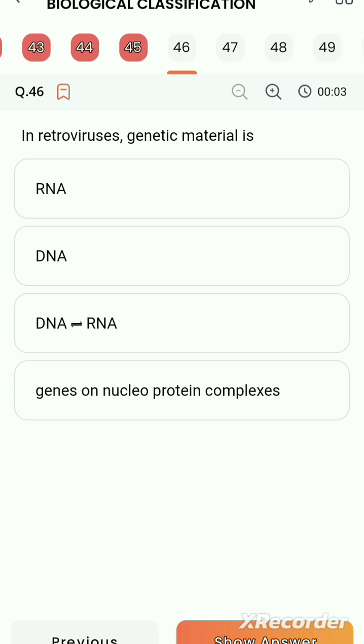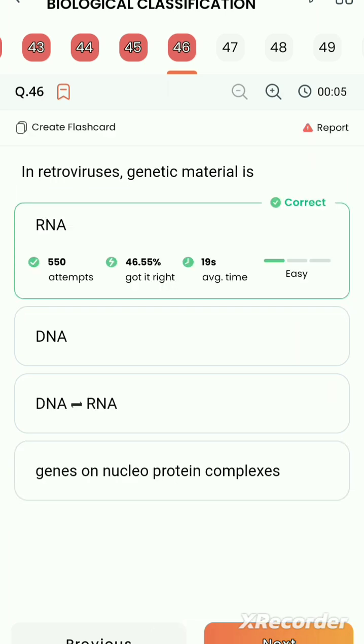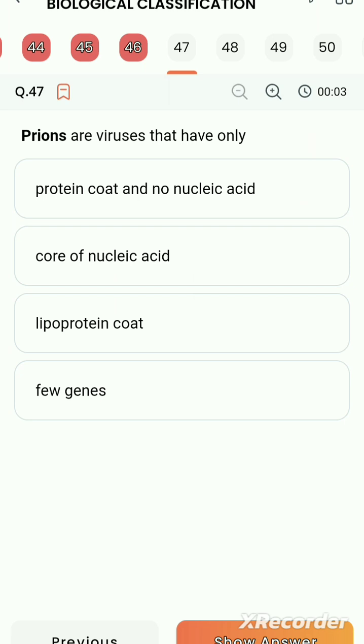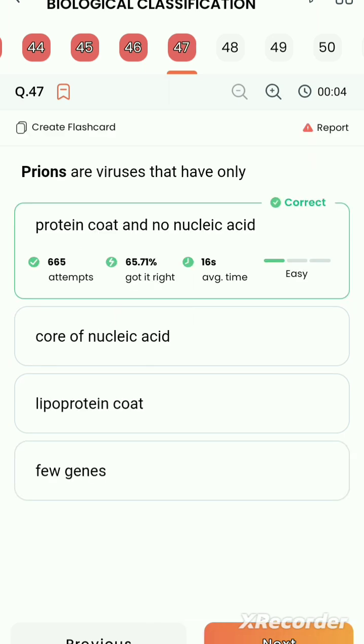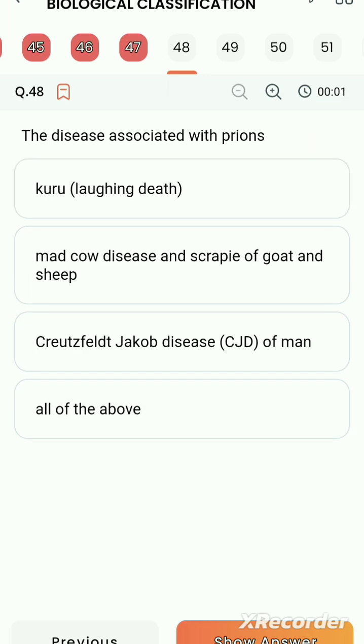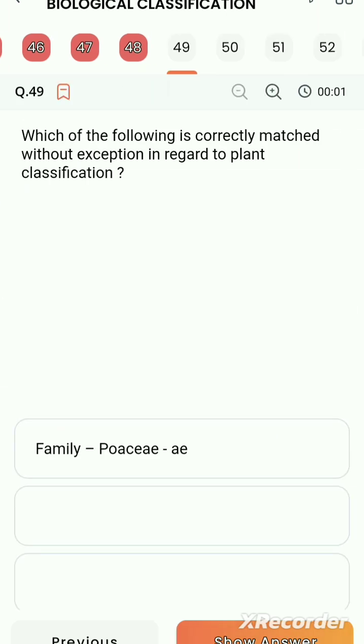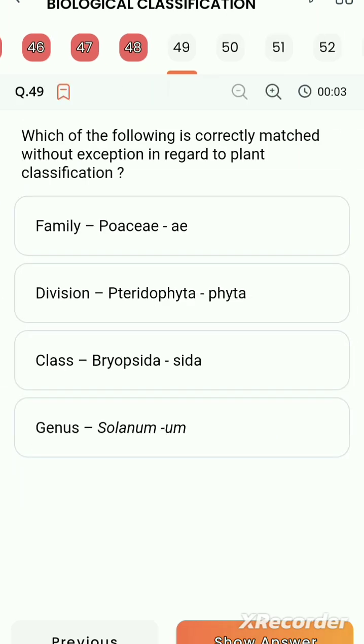Next, in retrovirus, genetic material is RNA. Next, prions are infectious agents that have only protein coat, no nucleic acid. That is a type of virus. The disease associated with prions, all these diseases belong to prion diseases. 49, which of the following is correctly matched without exception in regard to plant classification?